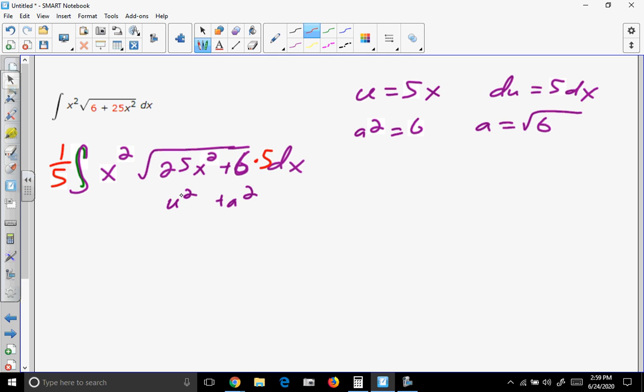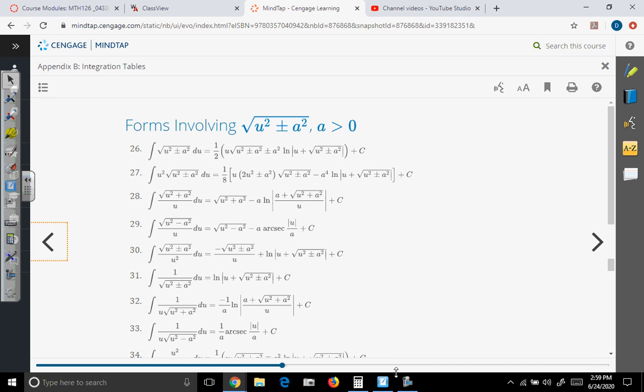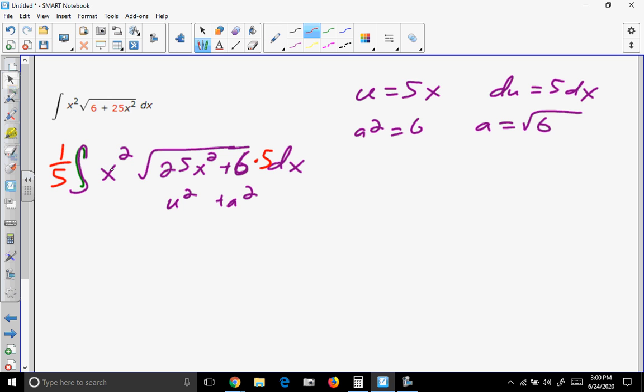So if this is u squared plus a squared, looking at our formulas, one formula has a u squared out front. So we would want this to be u squared. U is 5x. U squared is 25x squared.